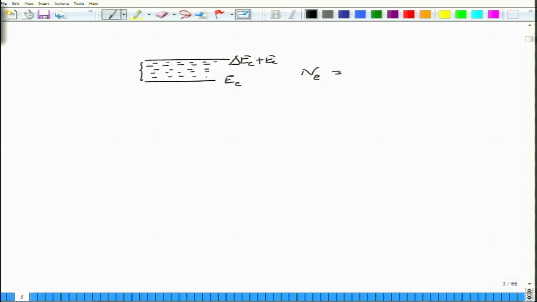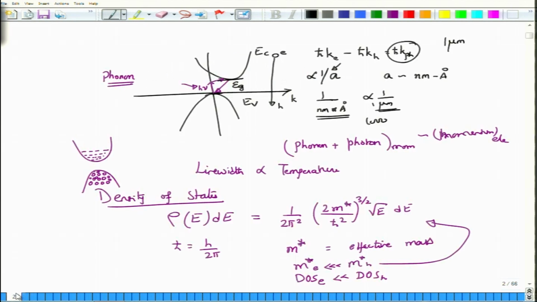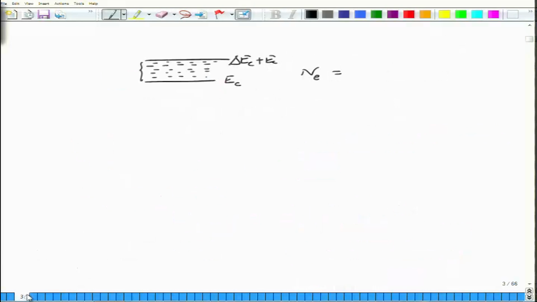It turns out that you need to go back to this density equation and integrate it over the energy level difference. So if you integrate from 0 to delta EC, because that is the range of energy you are going to fill, rho of E dE will be equal to the density of electrons, or the number of carriers, that are available. This is a fairly simple integral, so I will leave that calculation to you.